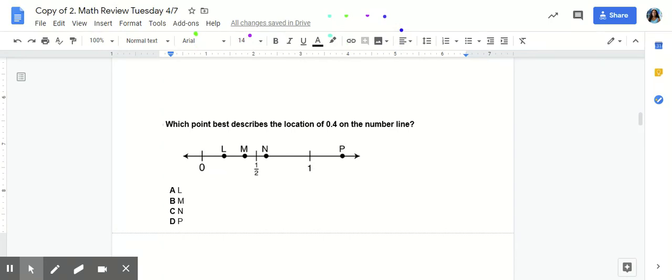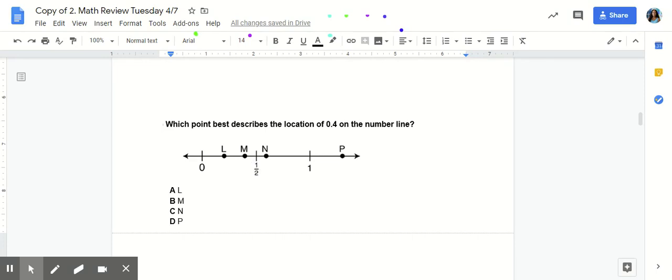Now, which point best describes the location of 4/10 on the number line? So again, using my knowledge of fractions and decimals, I can best point to where 4/10 would belong on the number line. So I already have 1/2 on my number line.